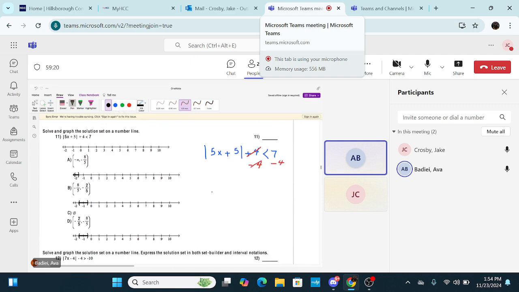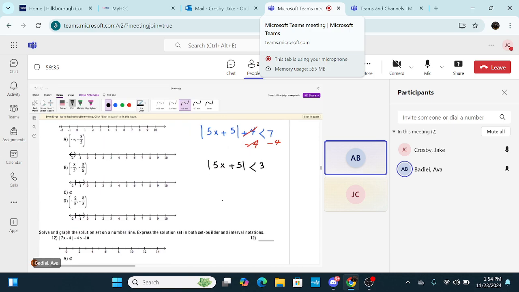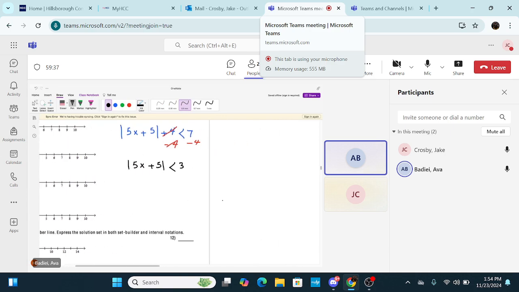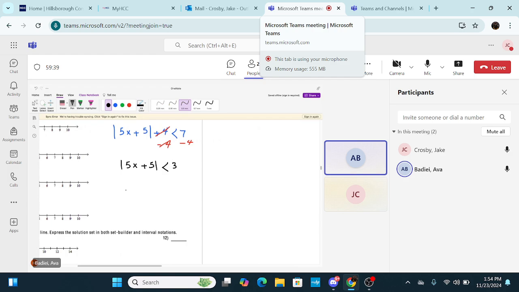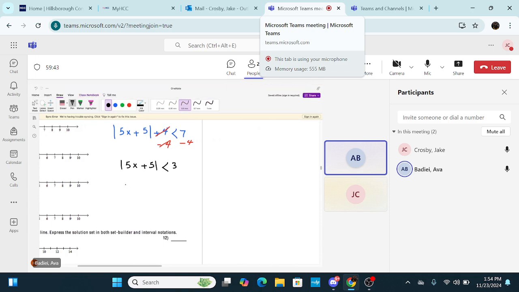We get the absolute value of 5x plus 5 less than 3. Now from here, it's been a while if I'm remembering it correctly. This was the formula, but you might want to check this again.